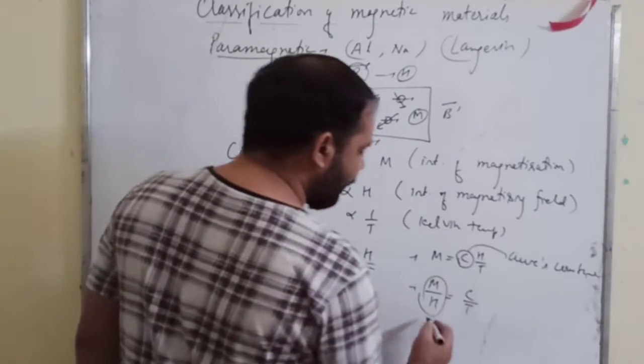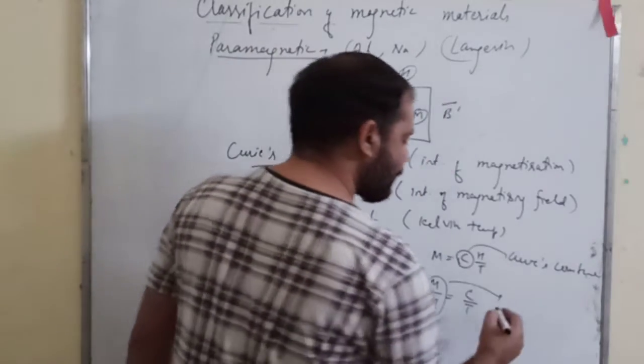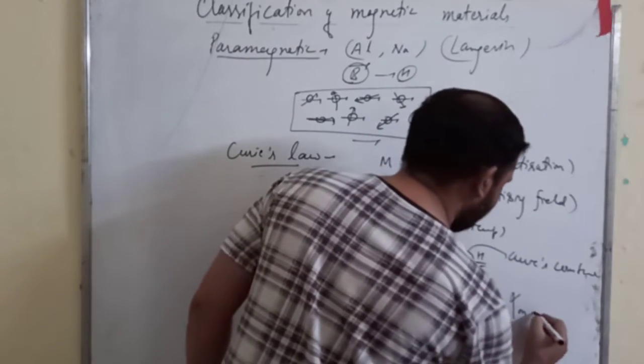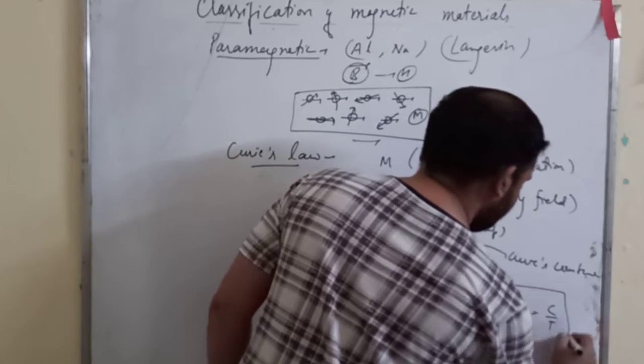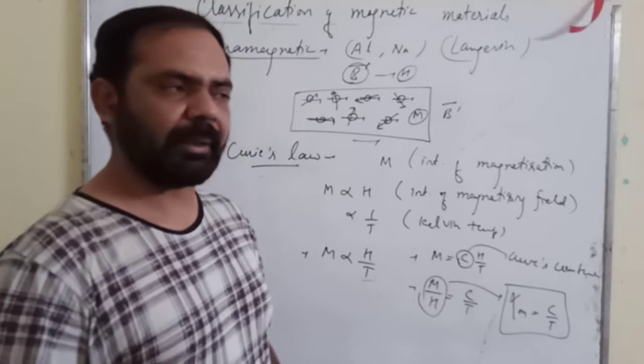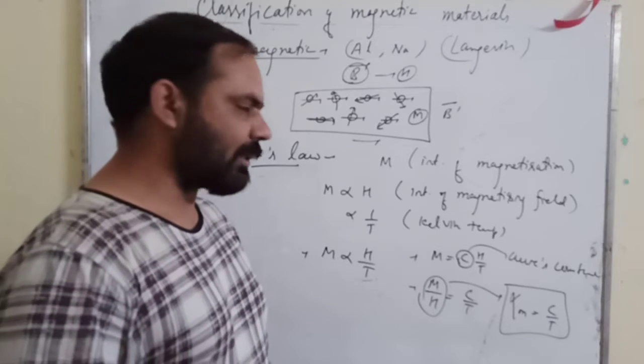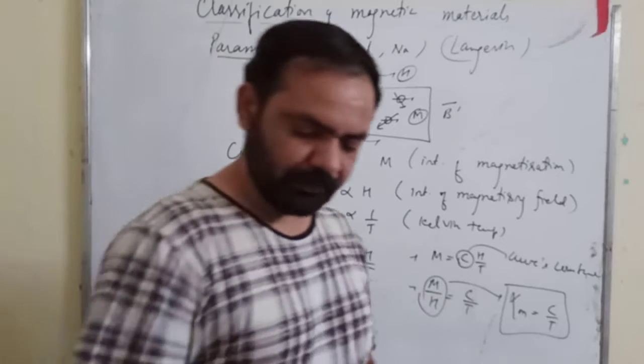Now M upon H, which we will discuss later on, is nothing but the magnetic susceptibility. Chi M is equal to C upon T. This M upon H is a parameter called magnetic susceptibility. We will discuss this later in this section.